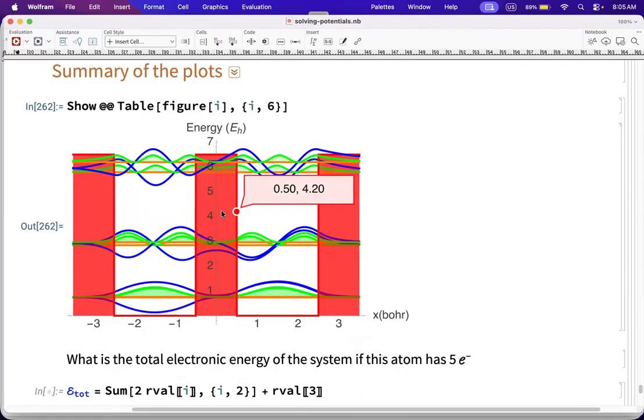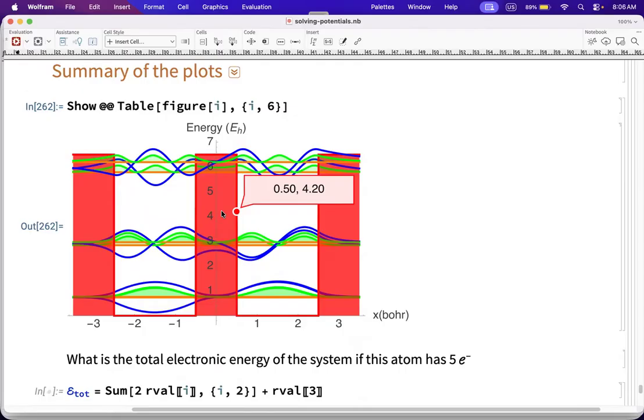Now, this is a very nice example because here we can also infer what is a core electron and what is a valence electron, right? A core electron is when the electronic density in the barrier is very, very small. So these electrons basically do not help too much for bonding, and that's the reason we call them core electrons.